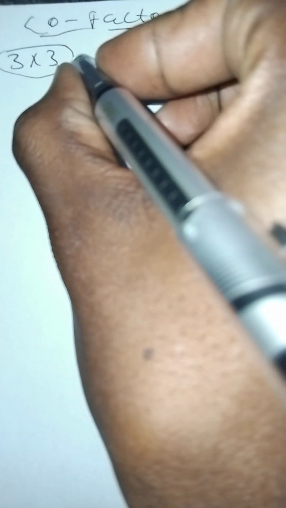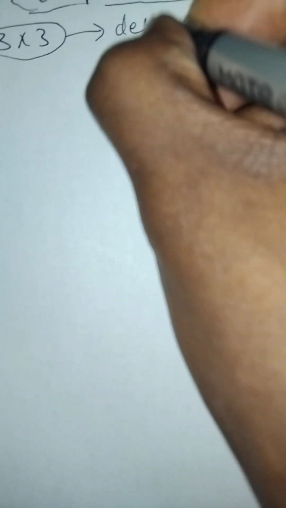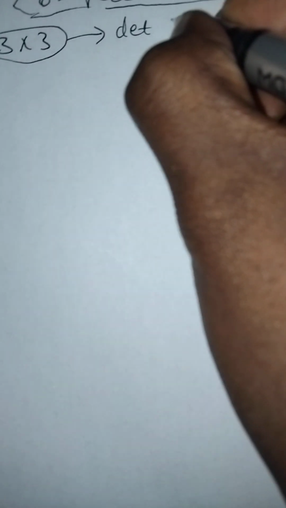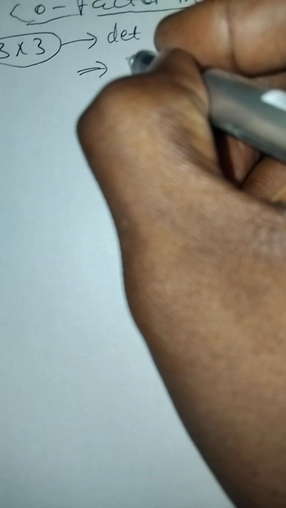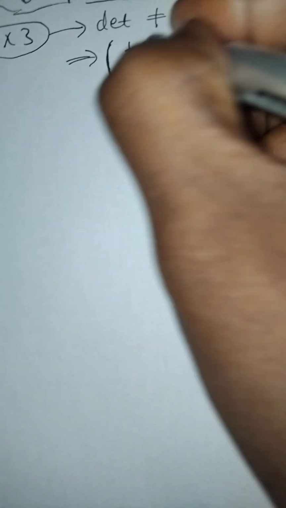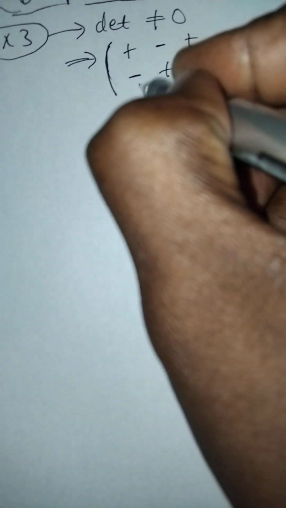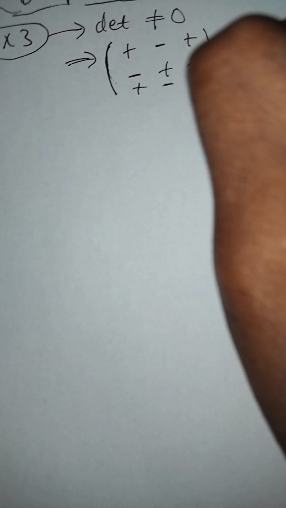In order for us to find the inverse of a 3 by 3 using cofactors, there are several things we have to keep in mind. The first thing is that the determinant must not be 0. We must also pay attention to the signs. Since it's a 3 by 3, the signs are going to be plus, minus, plus, minus, plus, minus, plus, minus, plus, just like that.